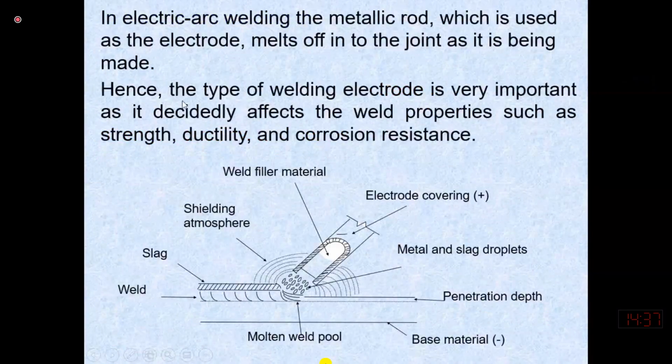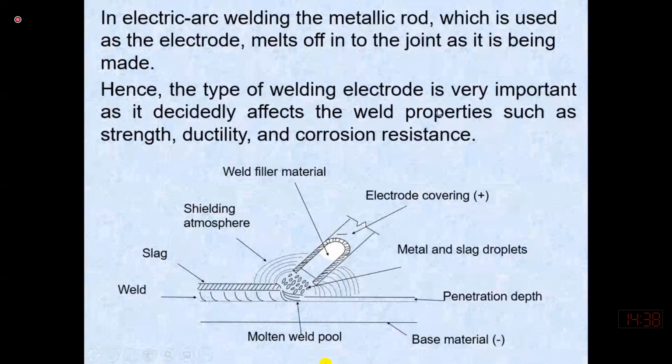So in electric arc welding, the metallic rod used as the electrode melts off into the joint as it is being made. The metal in the electrode melts off and is deposited on the two surfaces or two members which are supposed to be connected or welded.